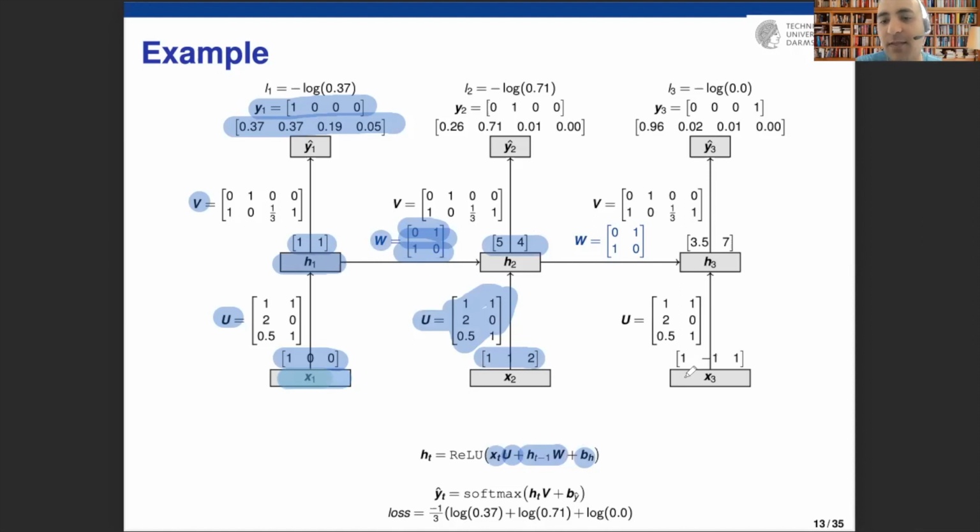And now in the third step, we take the vector representation of cat. We multiply that with the matrix U, and as the second input, we multiply the hidden state representation at step 2 with matrix W, and we use a rectified linear unit activation function, and we take this vector as the value of the hidden state at the third step.